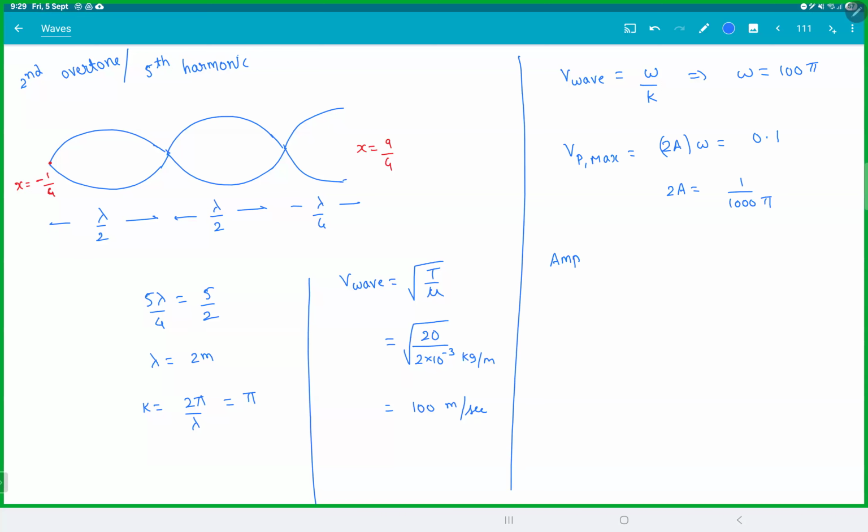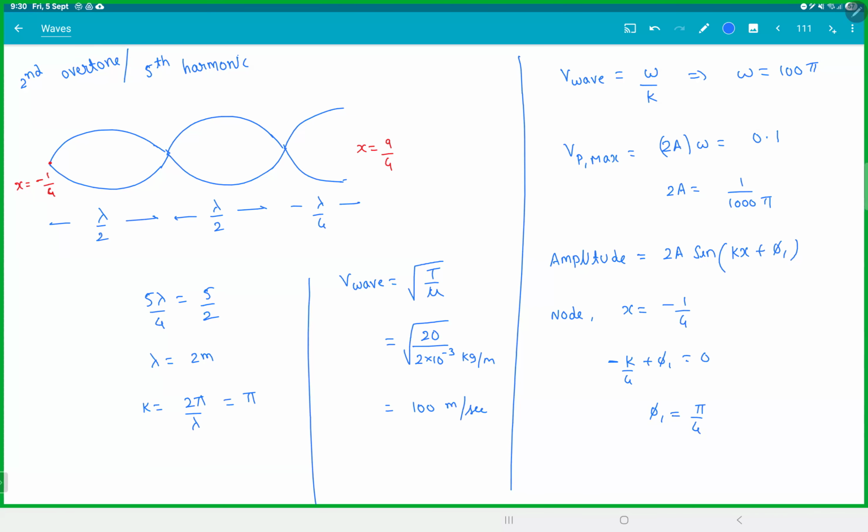And we also know your amplitude is 2a sine kx plus phi 1. And you're saying your node is at x is equal to minus 1/4. So just substitute there. So minus k by 4 plus phi 1 must be 0. So phi 1 is 5 pi by 4. Phi 1 also came.